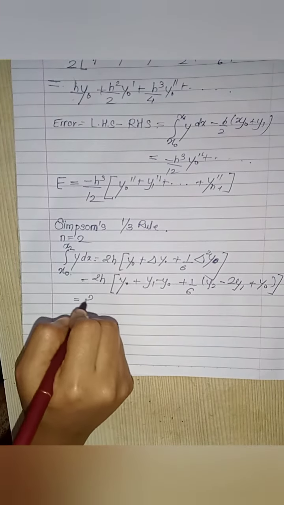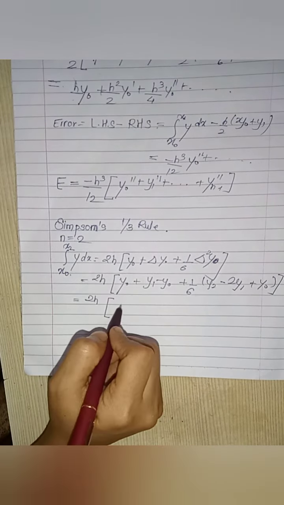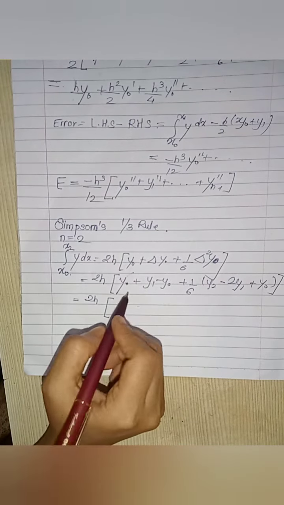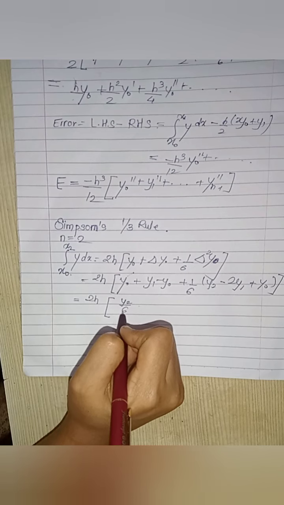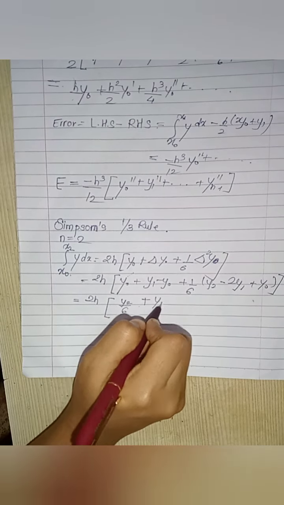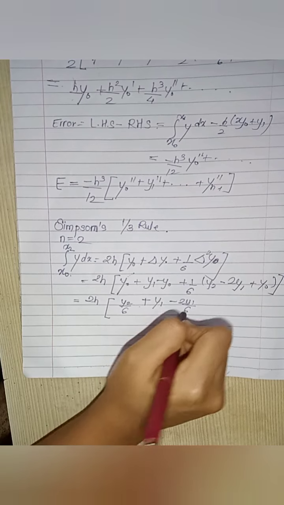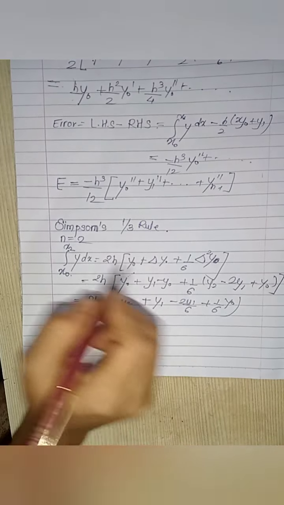So it is 2h into, so this is y2 upon 6, so y naught will get cancelled. So you'll be left with y2 upon 6, then plus y1 minus 2y1 upon 6 plus 1 upon 6 into y0.